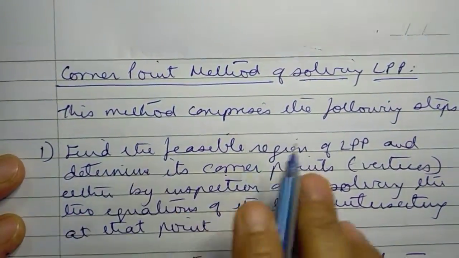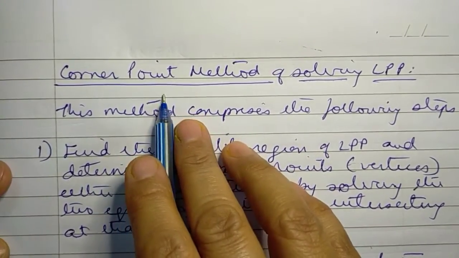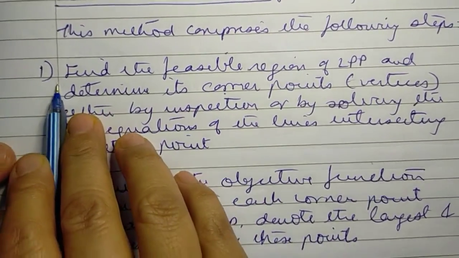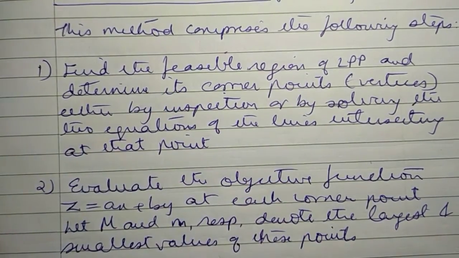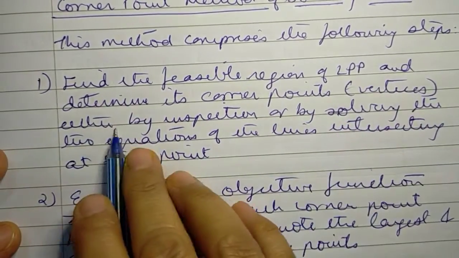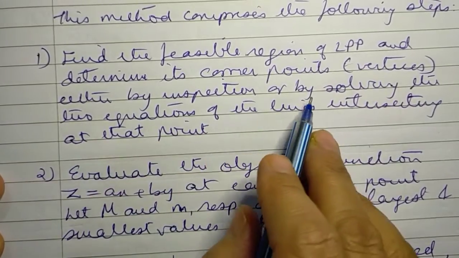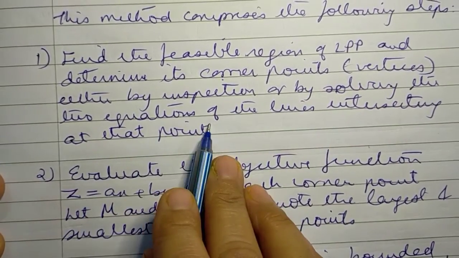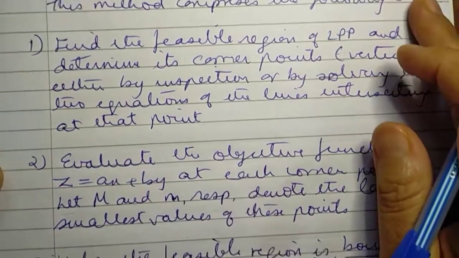So let us quickly see the important steps which comprise this method. First, find the feasible region of the LPP and determine its corner points, that is vertices, either by inspection or by solving the two equations of the lines intersecting at that point.